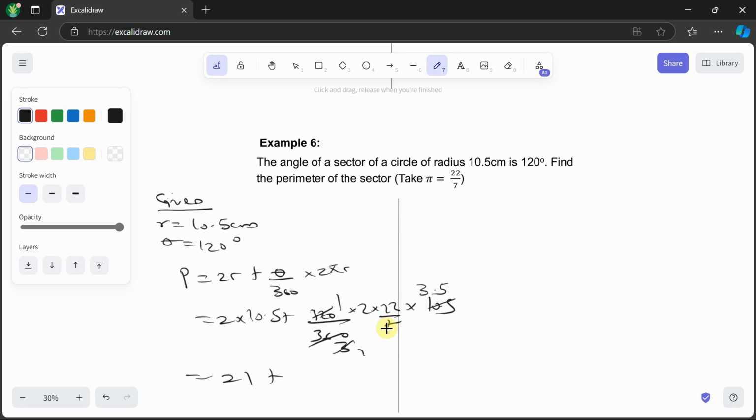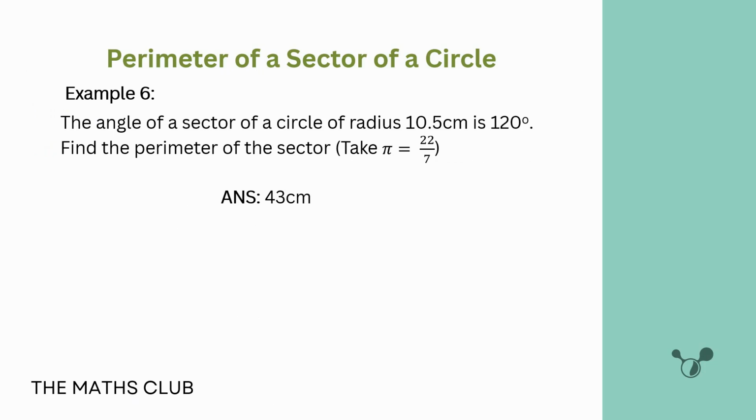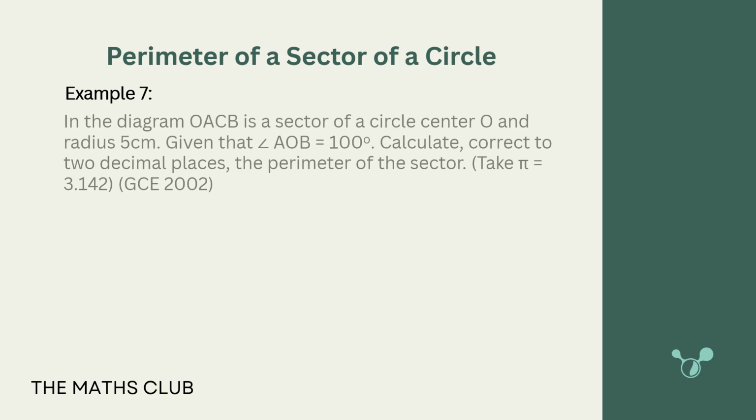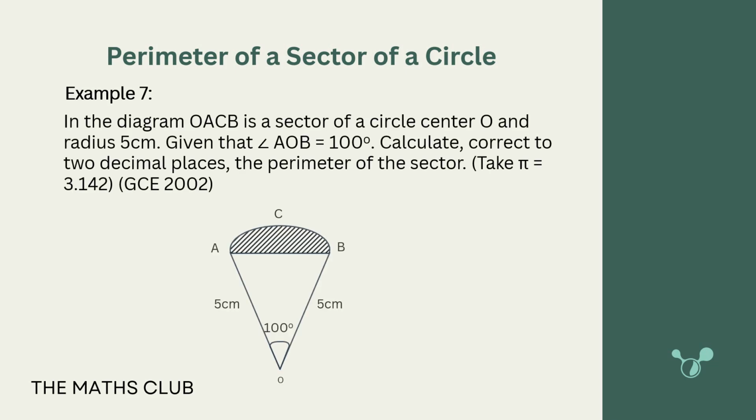So we can even divide this. This is 7 here, 1. This will be 0.5. So that will be 2 times 0.5 times 22, and that will give us 22. So our perimeter P is what? 43 centimeter, if you solve it correctly. Let's see if we're correct. Great, 43 centimeter.